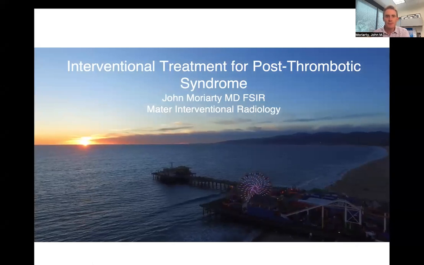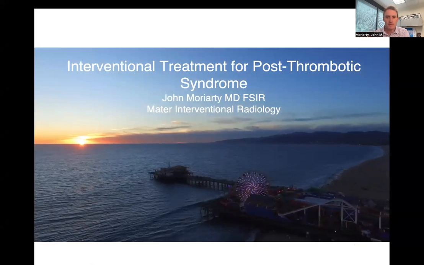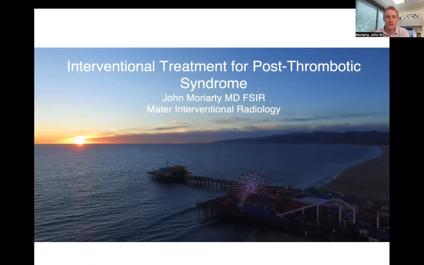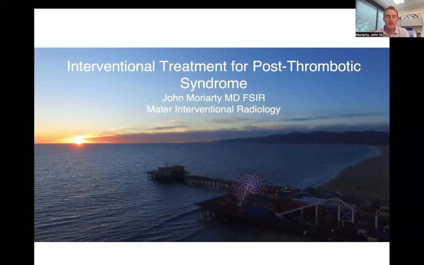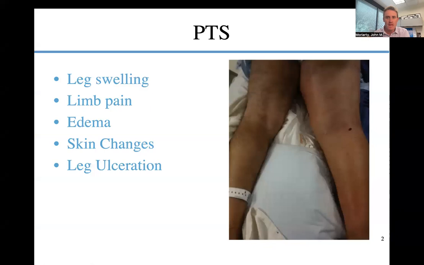So, as I said, we're going to be discussing the interventional treatment for post-thrombotic syndrome, a condition that is incredibly common, that I'm sure is well known to all the people involved with Thrombosis Ireland. It's a spectrum. Some people have the milder end of the spectrum, some people have the more severe end.